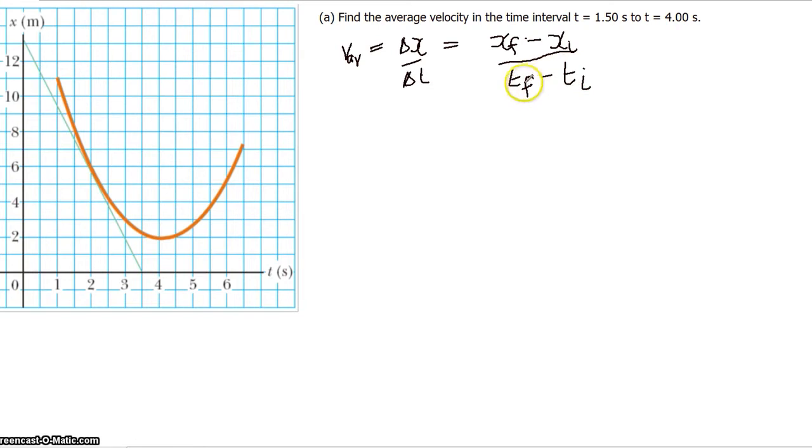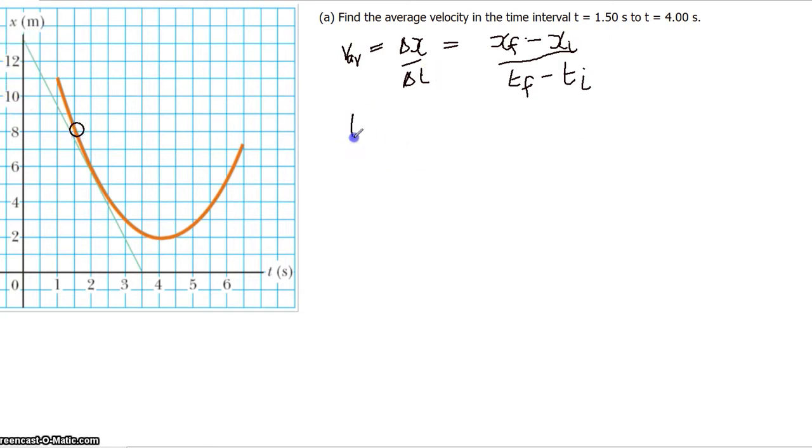So we have to identify each one of those factors. So at t is equal to 1.5 seconds, the position is equal to about 8.25.